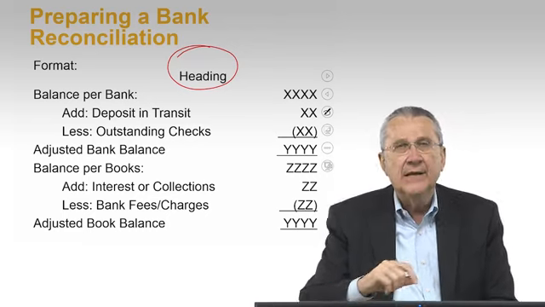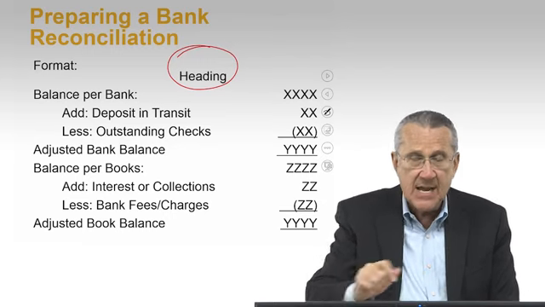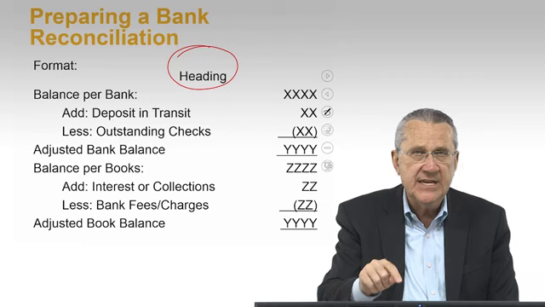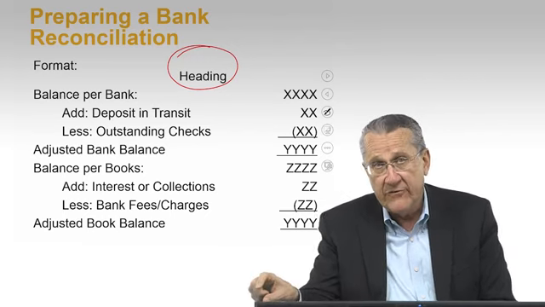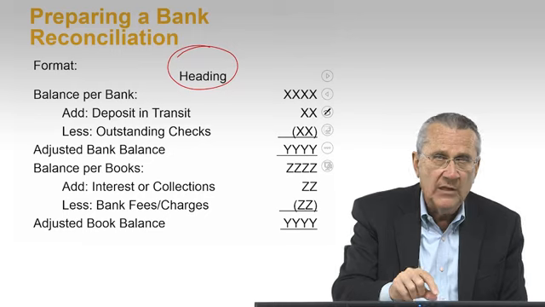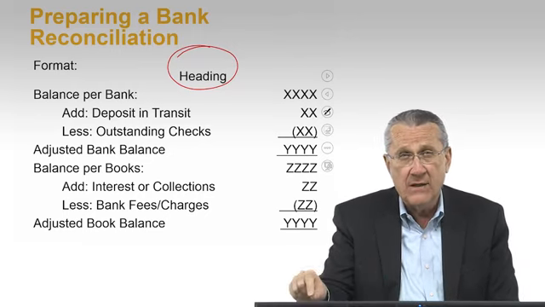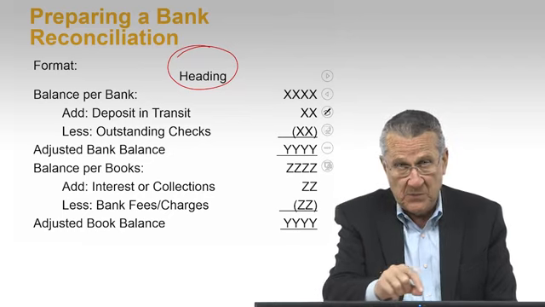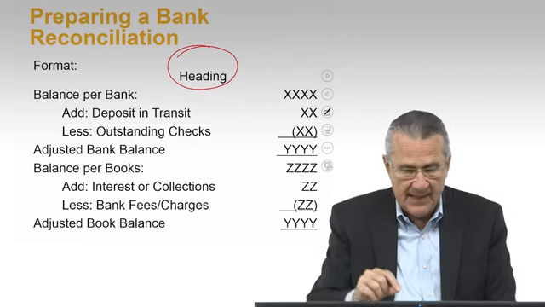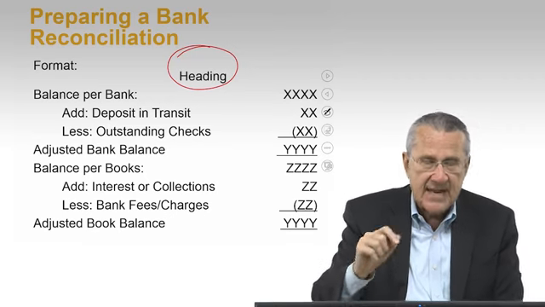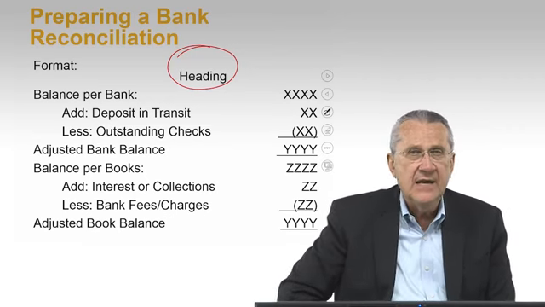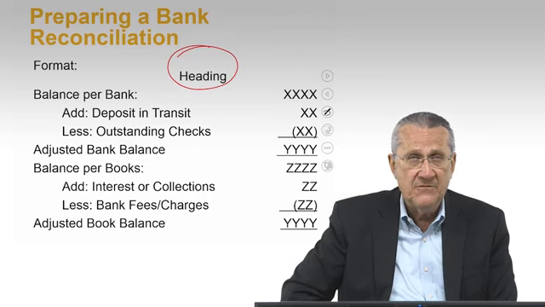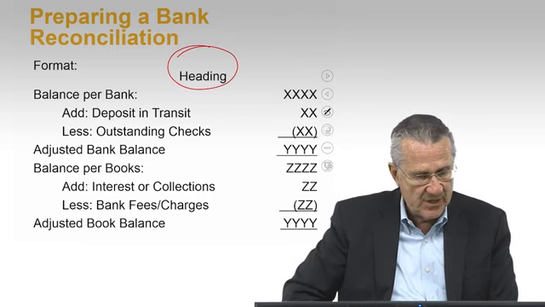So our heading will be the name of the company, the title Bank Reconciliation for whatever bank, or if you've got more than one account with the bank, it could be a specific account in a bank, and then it would indicate the date, and the date would be the cutoff date on the bank cutoff statement for purposes of the reconciliation.